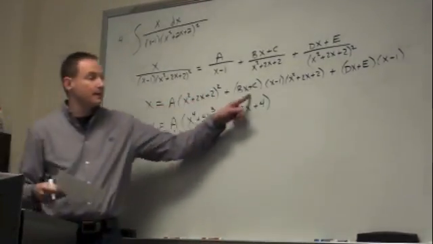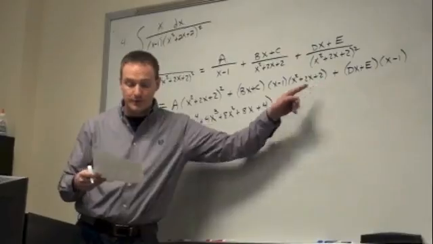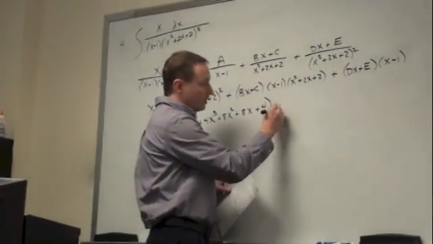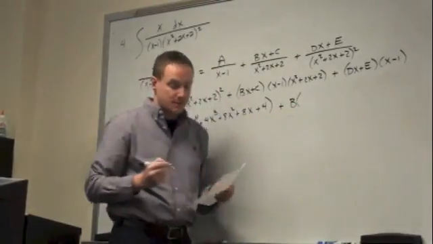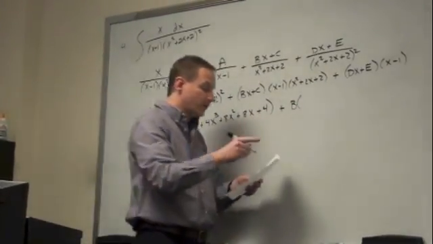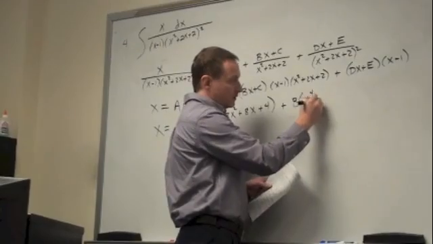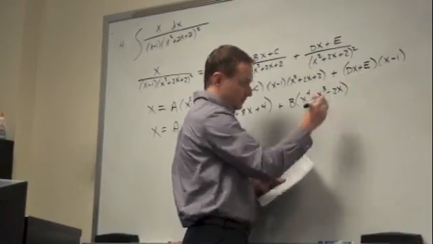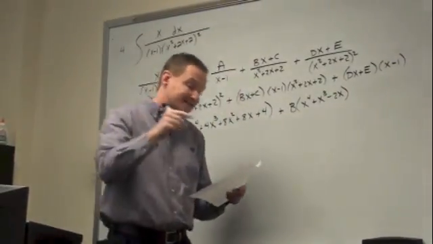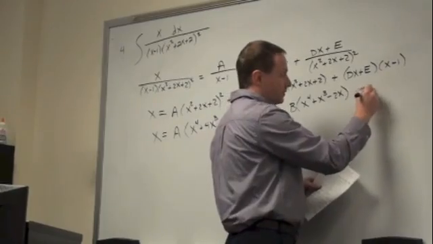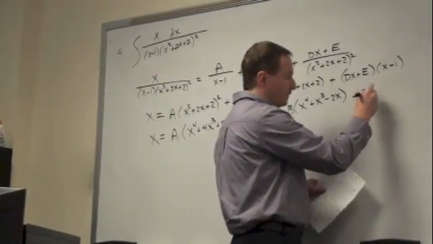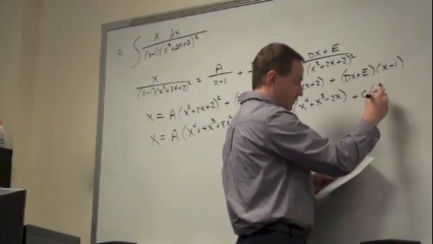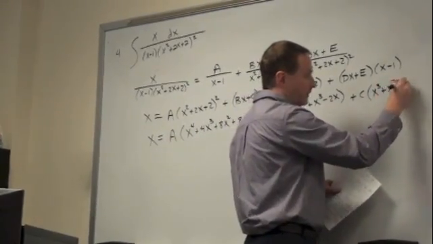When I algebraically multiplied these three terms, I got plus b times the group x to the 4th plus x cubed minus 2x, and I got c times the group x cubed plus x squared minus 2.